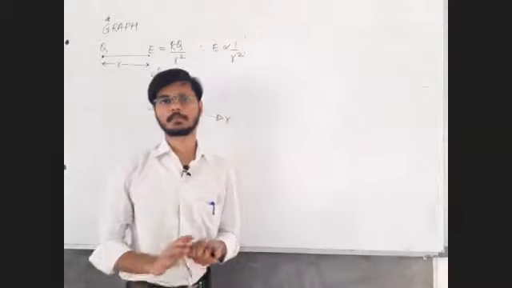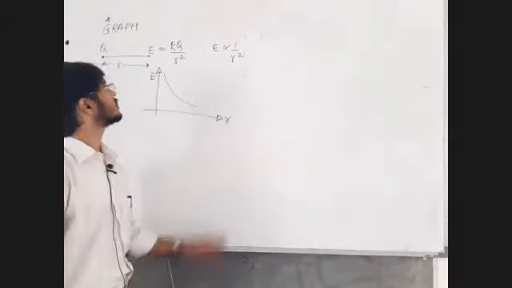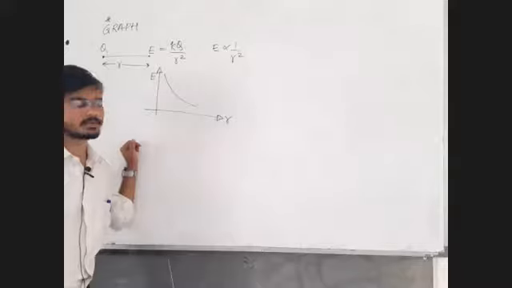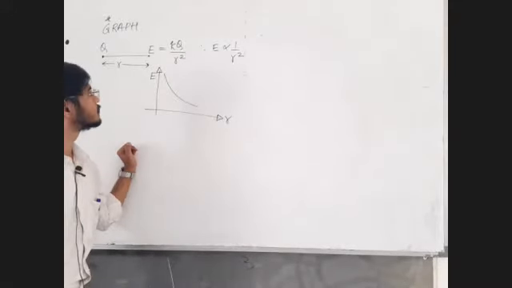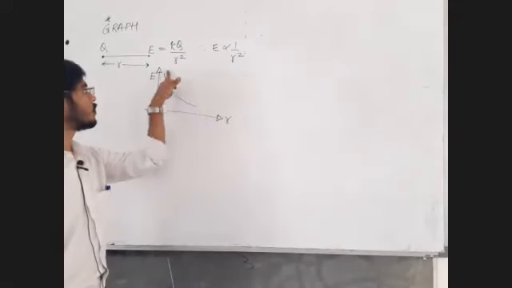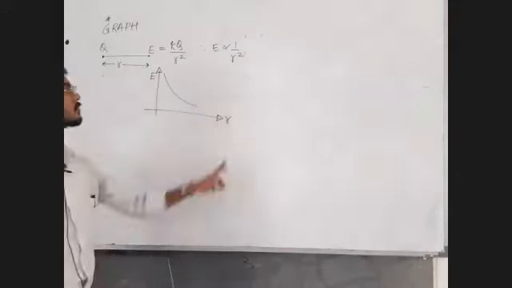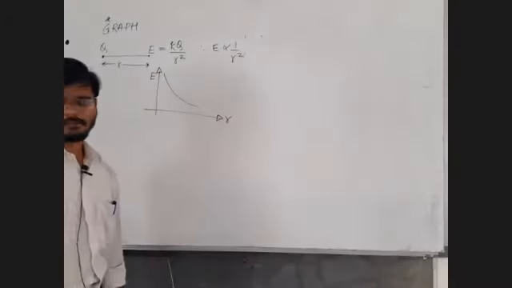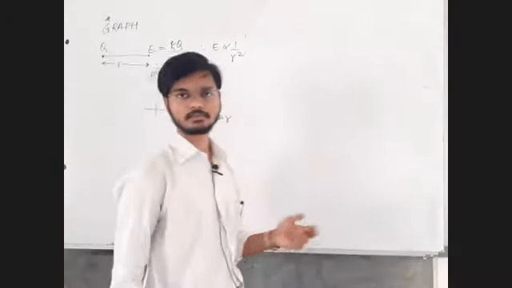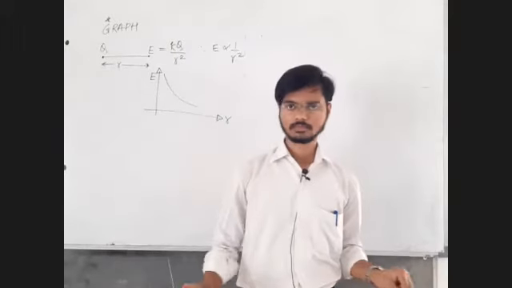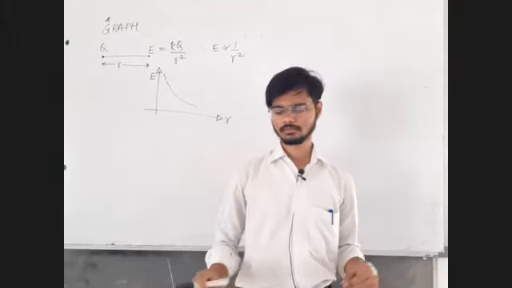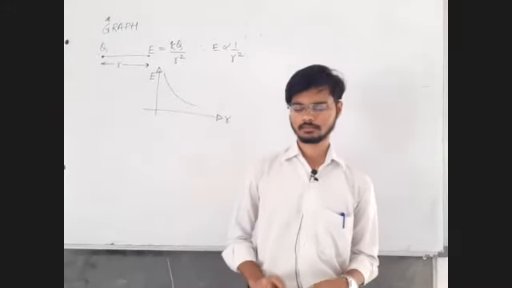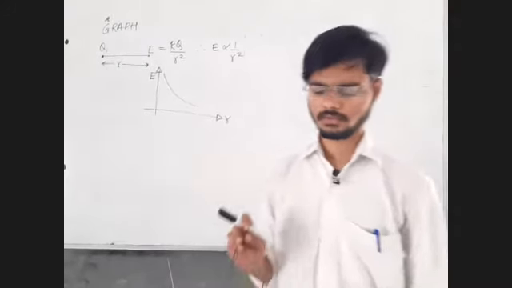Electric field due to the point charge at distance r: if r increases, electric field goes on decreasing. Simple thought. Inverse relation, 1 upon r square. Is that clear? Good, very good.